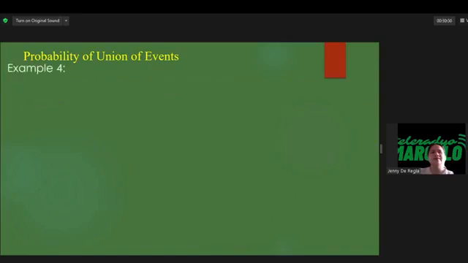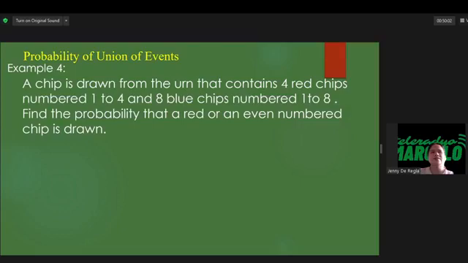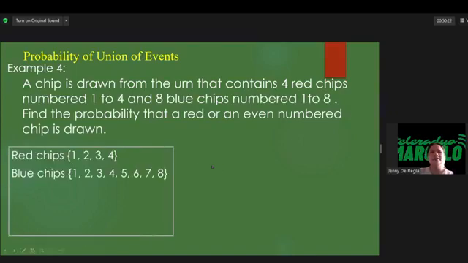Next, example 4. A chip is drawn from the urn that contains 4 red chips numbered 1 to 4 and 8 blue chips numbered 1 to 8. Find the probability that a red or an even numbered chip is drawn. Given that the red chips are numbered 1, 2, 3, and 4, and blue chips 1 to 8, the number of elements for the red chips is equal to 4.